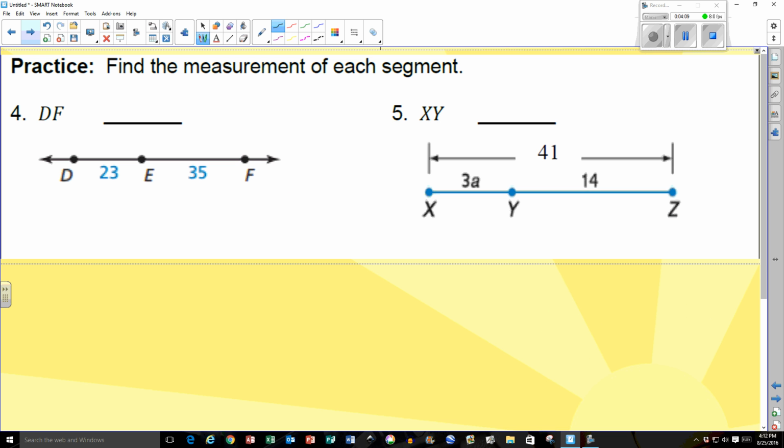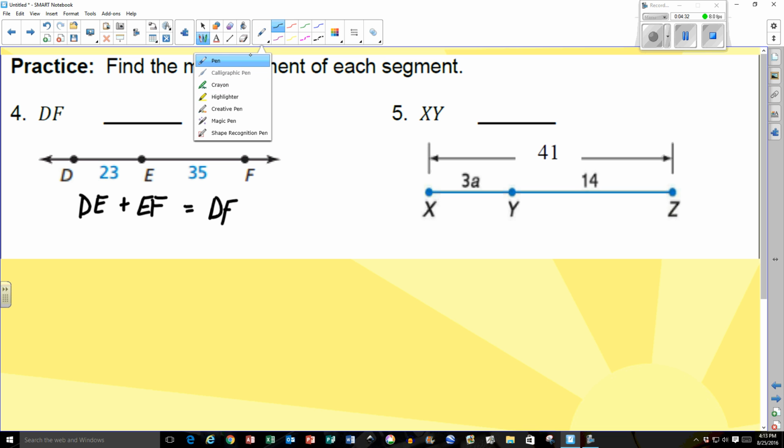Go with it. All right. So let's find the measurement of these two. So they're wanting the length of DF. Well, obviously DF is going to be DE plus EF. EF equals DF. Okay, this is going to take forever if it keeps doing that.